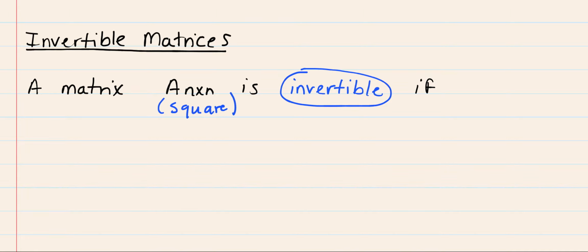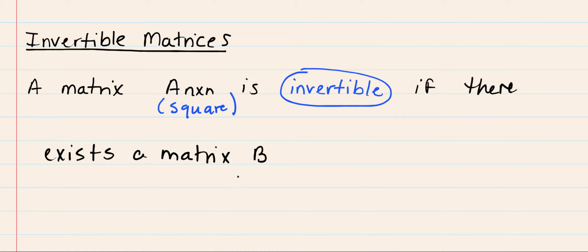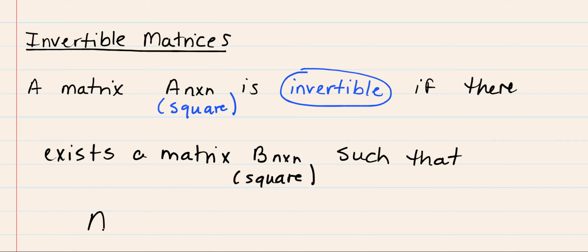A matrix is invertible if there exists another square matrix, so a matrix B, which is square, so it's n by n, such that A times B is equal to B times A. So these two matrices commute, and they're actually equal to the n by n identity matrix.